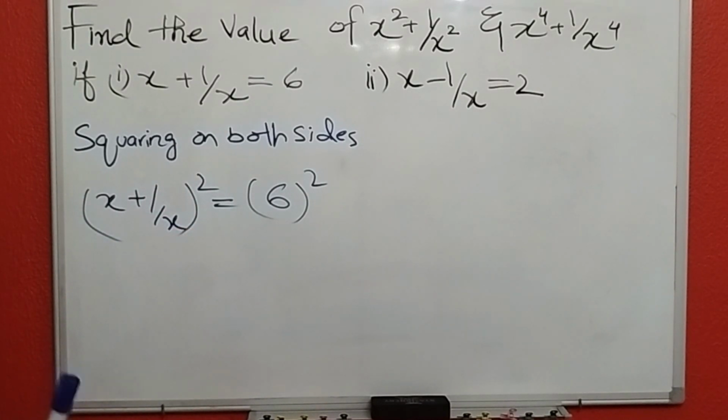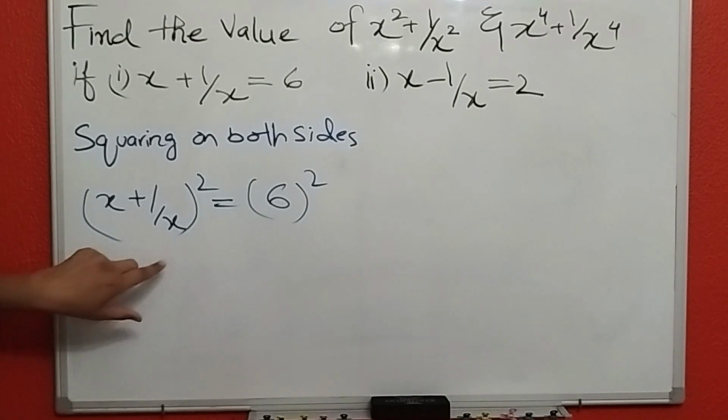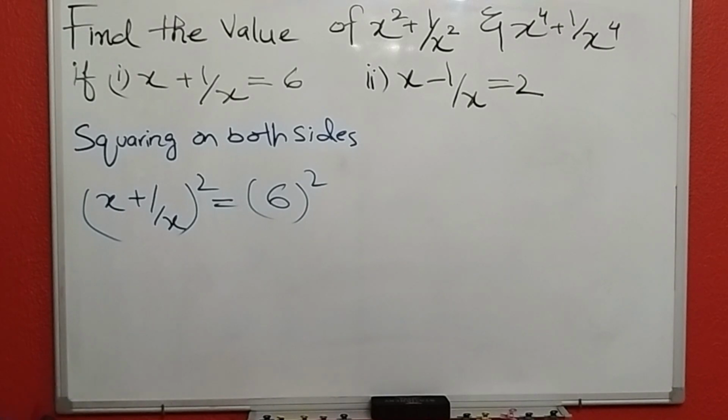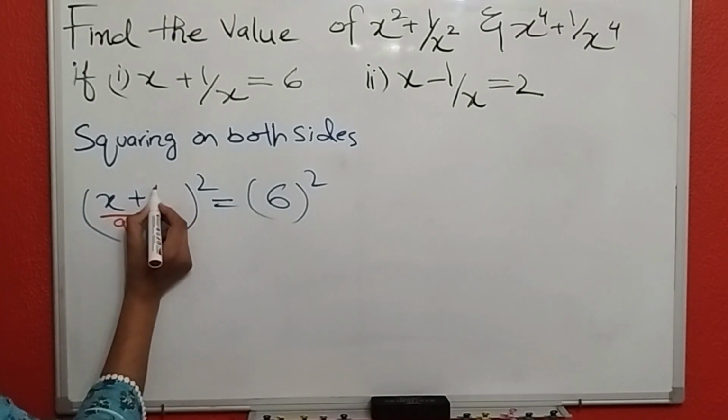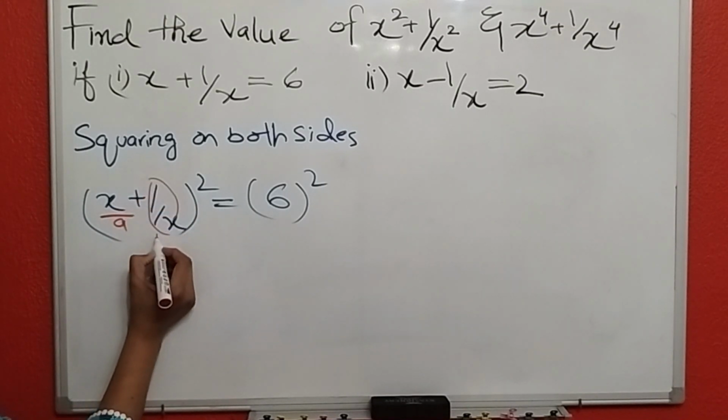Okay, so as I have told you in my previous video, if you have two values adding and you have whole square on them, then you should use the (a plus b) whole square formula. Here assume this value as a and this 1 over x as b.